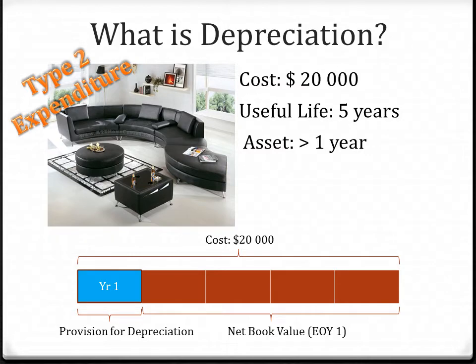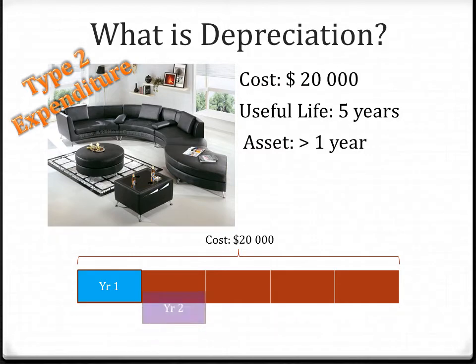So now we're going to move on to year 2 just to further illustrate the point. Now the purple box here says year 2. So this is expense in year 2. So this will go to the profit and loss of year 2. So bear in mind, this one was year 1 in the profit and loss as depreciation expense. This is year 2, profit and loss as depreciation expense.